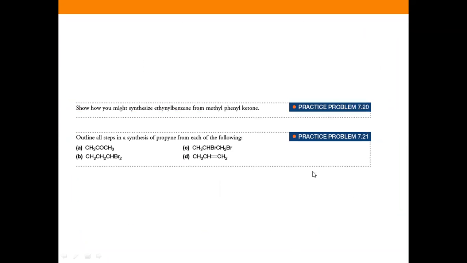It will be fun. For 7.21, outline all steps in the synthesis of propyne from each of the following. You notice here that you have CH3COCH3, so this is a ketone.